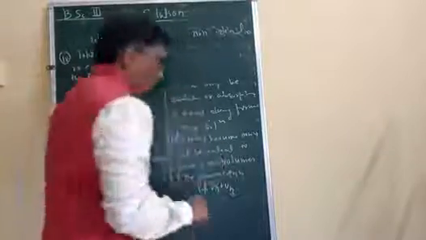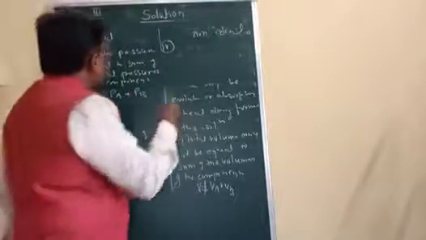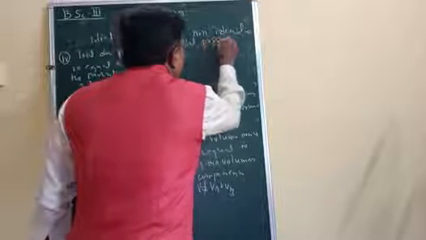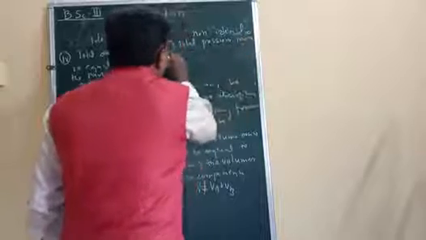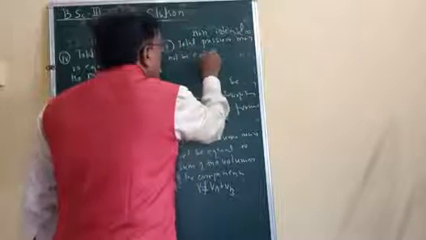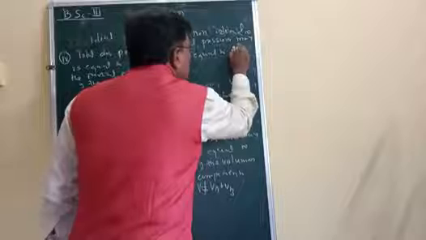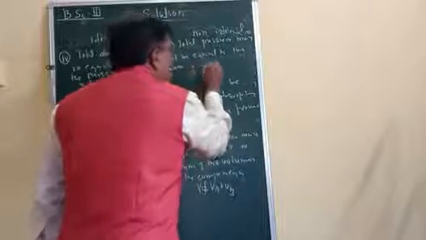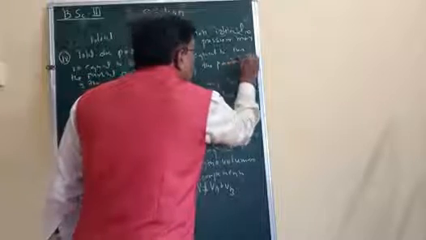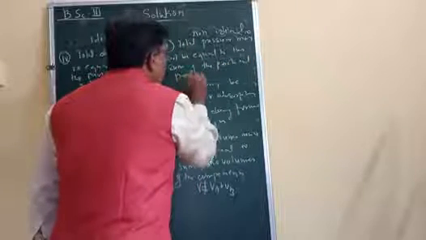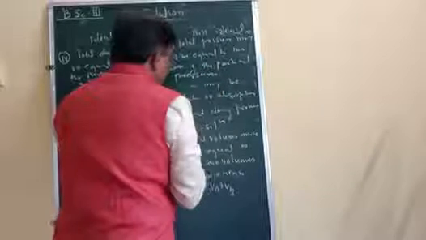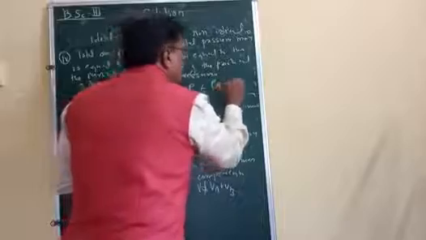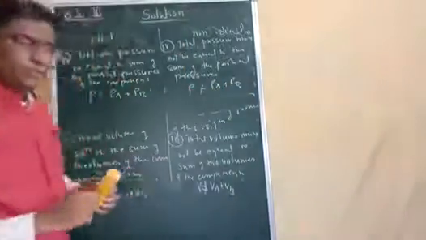Fourth, the total observed pressure may not be equal to the sum of the partial pressures. That is, P is not equal to PA plus PB.